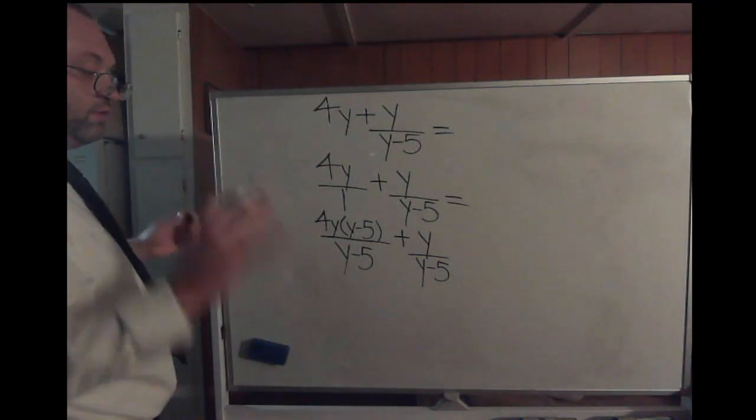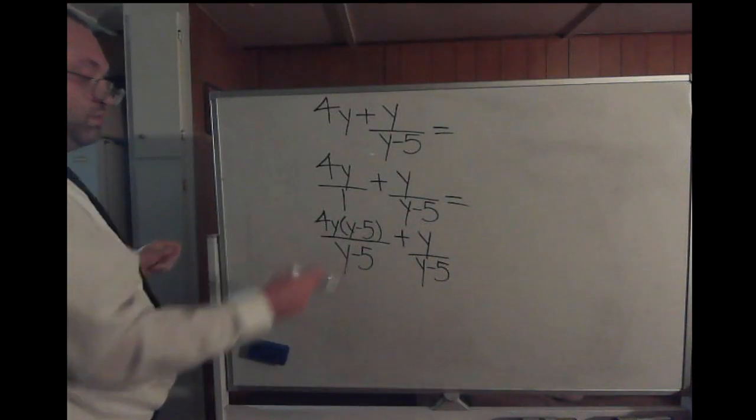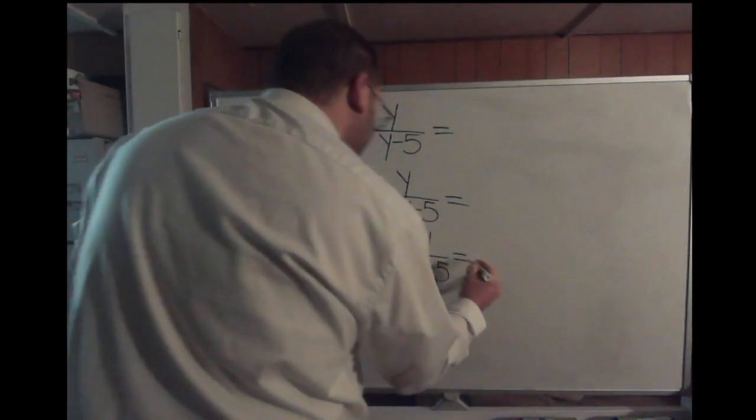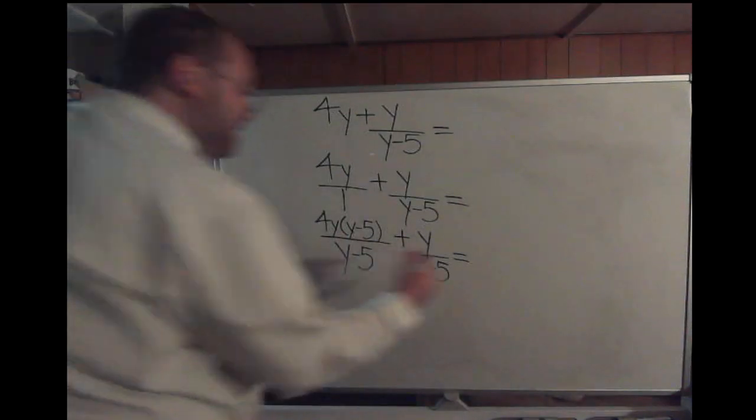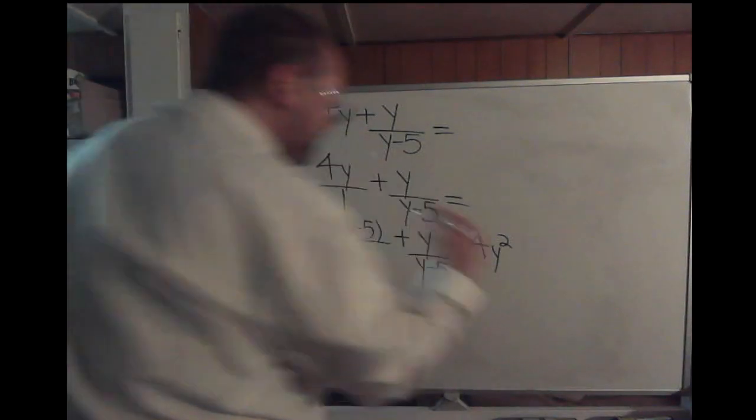Before we go any further, let's do the distributive property on the 4y times y minus 5. 4y times y gives you 4y to the second. Then 4y times negative 5 is negative 20y. Then you have plus y, all over y minus 5.